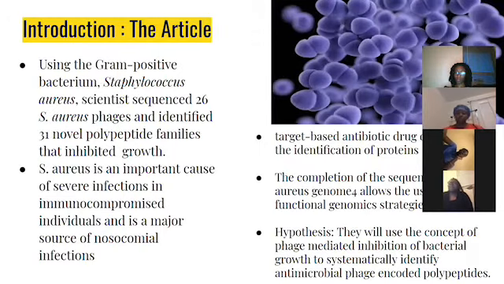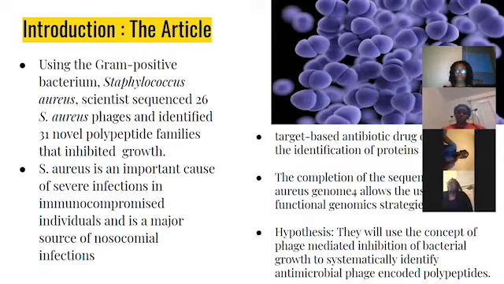Lastly, I will connect all of this to the article. They used the gram-positive bacterium Staphylococcus aureus and sequenced 26 phages and identified 31 polypeptide families that inhibited growth. The bacterium is an important cause of severe infections in immunocompromised individuals.